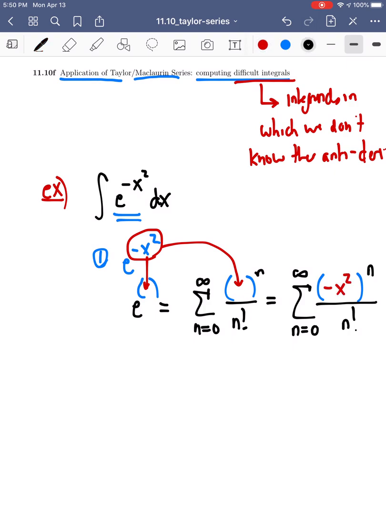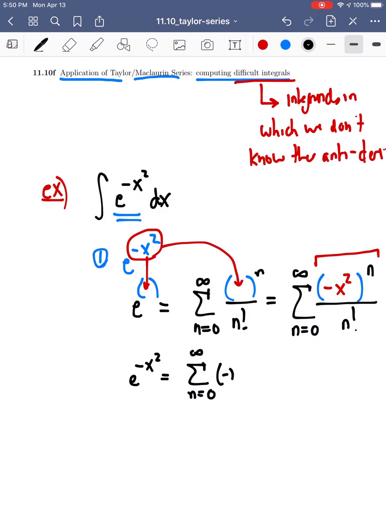Okay, let's do a little bit of algebra to clean this up. The reason I want to do a little bit of algebra here is so that when we find the antiderivative of this Maclaurin series, we don't have to worry about as many chain rules or u subs and things of that nature. Within this term, we have the product of a minus 1 and an x squared, all being raised to the same power, so we could split that apart.